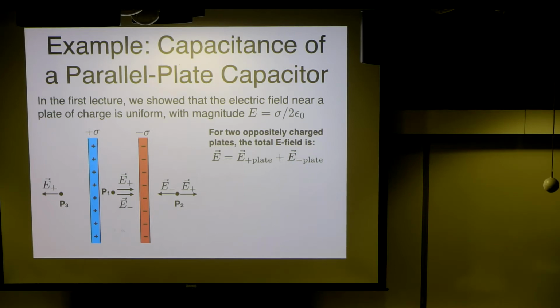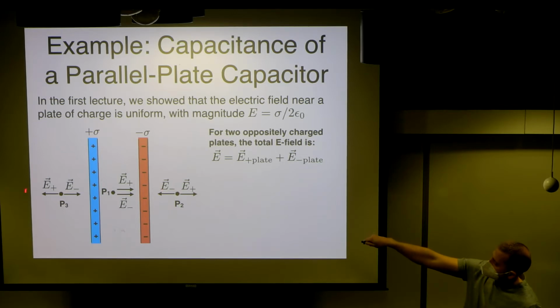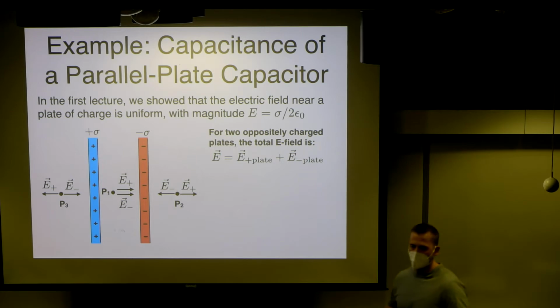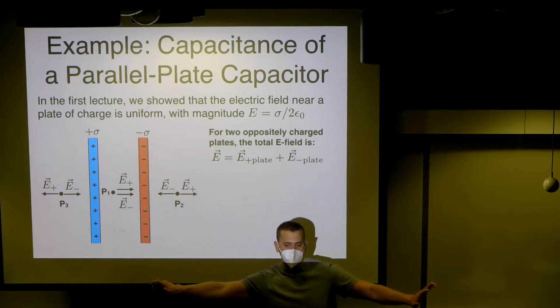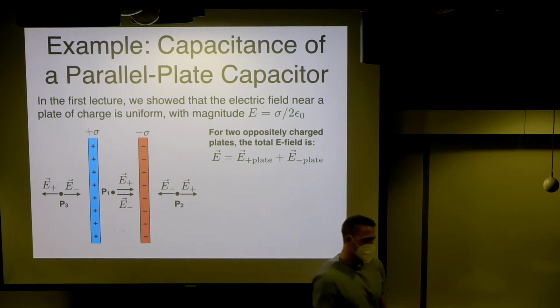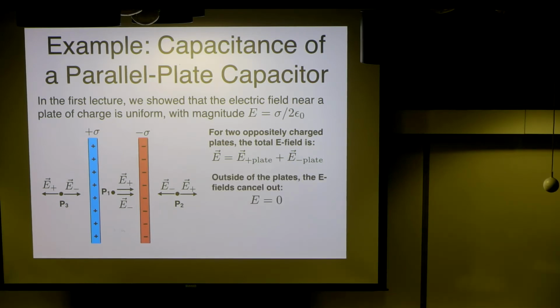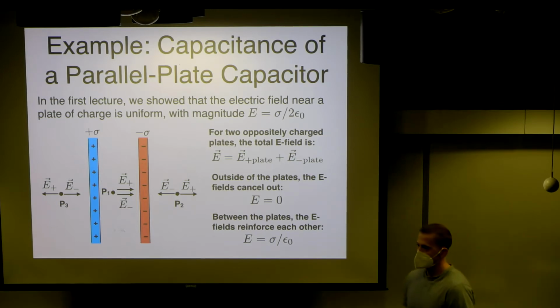And the same goes for point 3. The E field would be pointing away from the positive plate and then towards the negative plate. So we're getting cancellation both on the right side and on the left side. In other words, if we're outside of the plates, we get cancellation of the E fields more or less. And if we're right in between the plates, the two E fields reinforce each other.